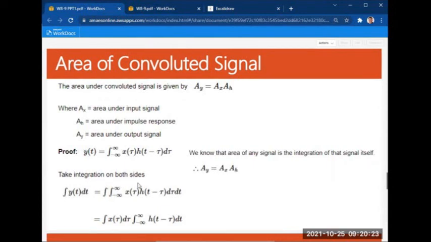Then we will separate tau and t. So tau will be on x, dt will be on h. This is the area of the input signal. This is the area of the impulse signal. Again, integration is area. You still remember, right? Good.